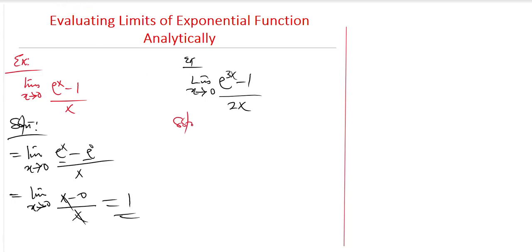In evaluating this, you are welcome to pause the video and try your hands on it before watching the solution. So if we do direct substitution as x approaches 0, we are going to have e to the power of 3 multiplied by 0 minus 1 all over 2 times 0.